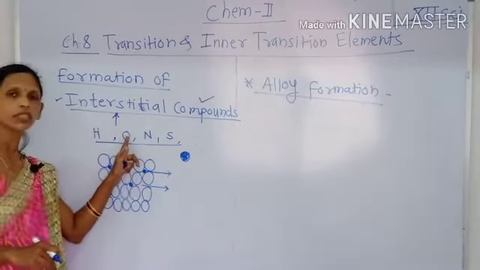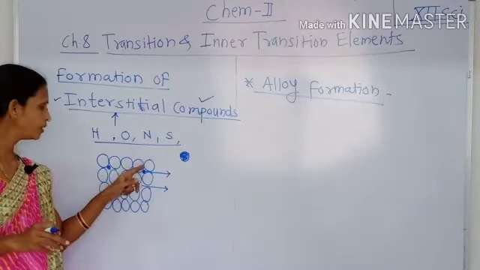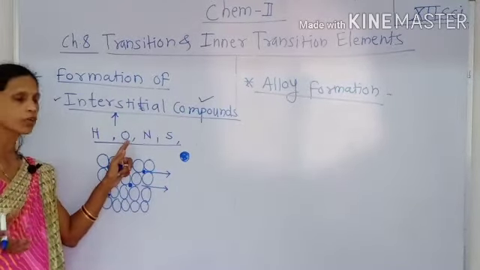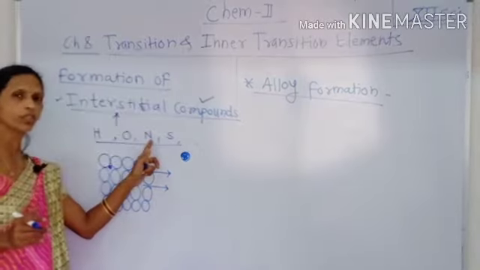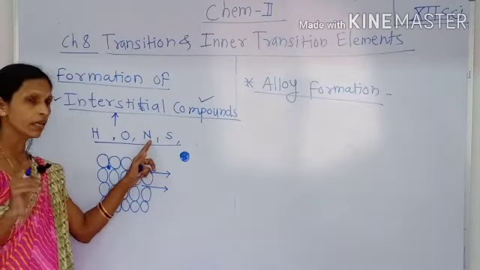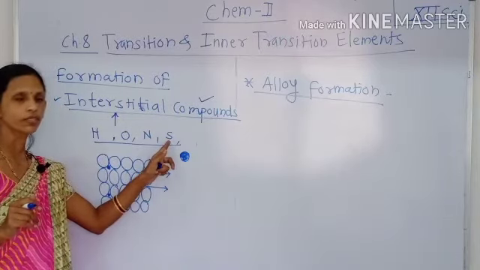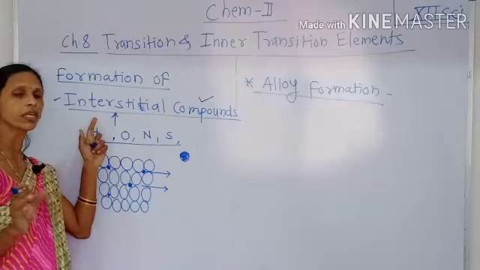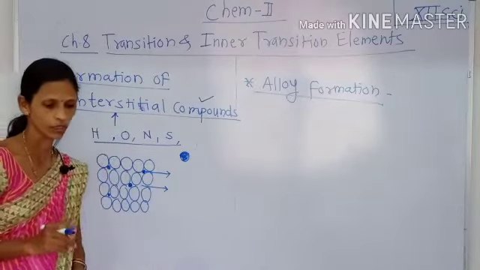Similarly, when oxygen is trapped into the metal lattice, the compound is an oxide, or when nitrogen is trapped, it is a nitride, and sulfides of sulfur. These are all different types of interstitial compounds.